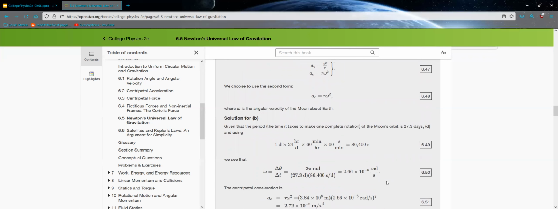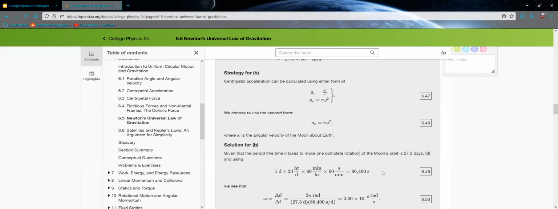So what do I need here? How do I figure out my angular velocity, my omega, my weird looking w? Well, velocity is displacement over time. So if I can figure out how big the moon's orbit is and how long it takes to do it, I thereby have my velocity.